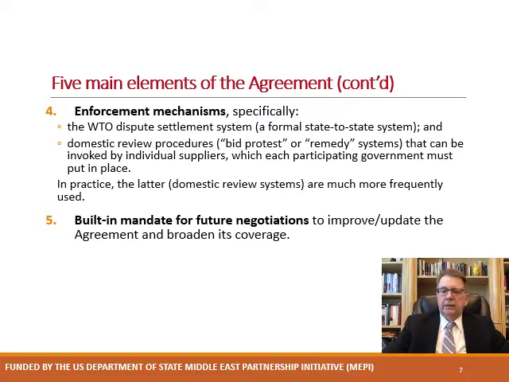And so this helps to ensure that the agreement does not become a rigid instrument out of touch with the realities of procurement practice, and instead it evolves over time. It's a kind of cooperative, collective, continuing work in progress.